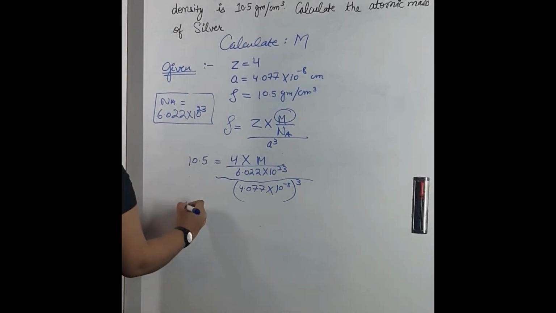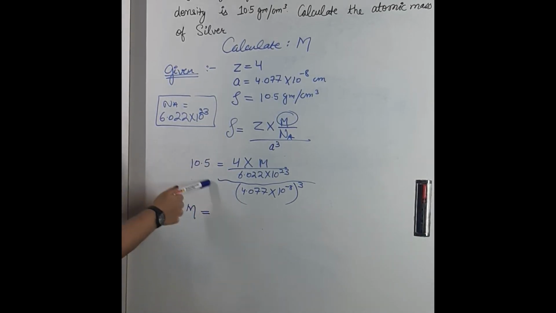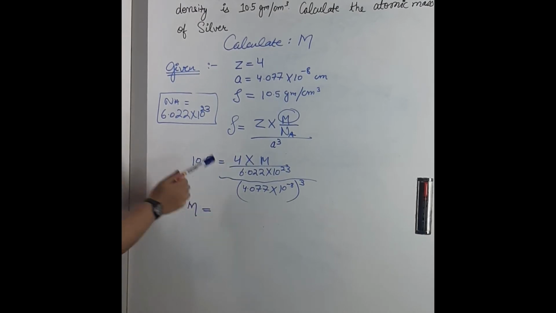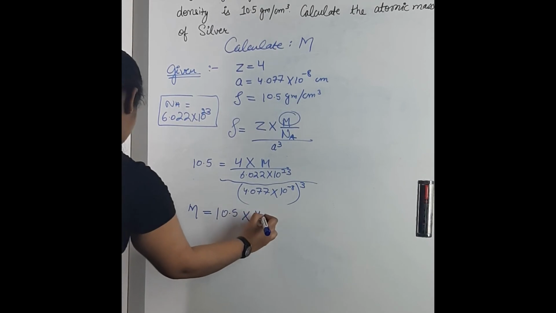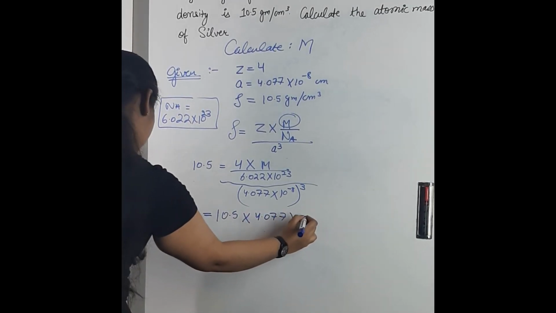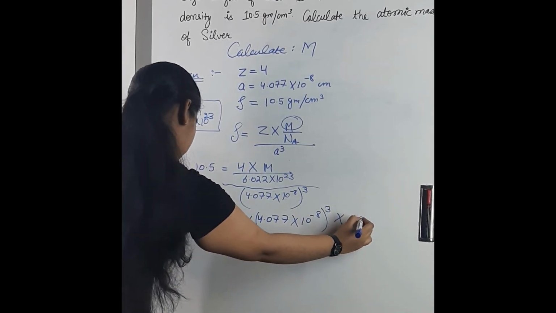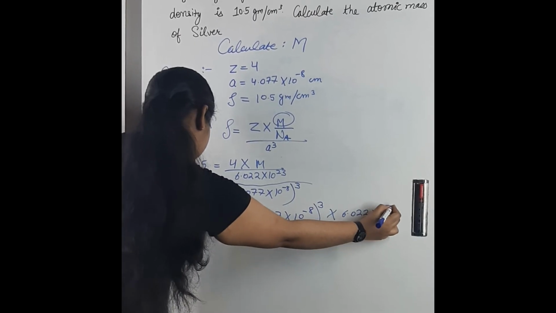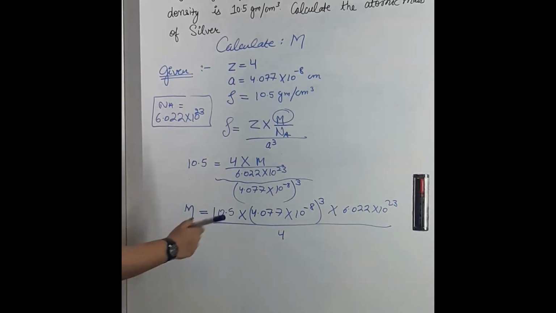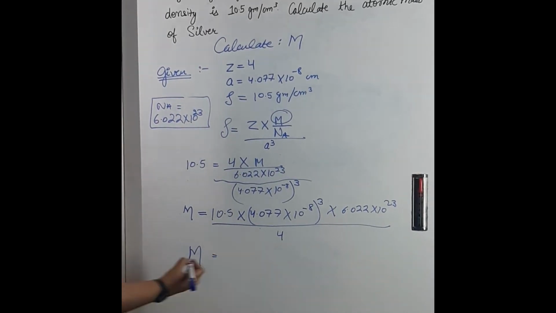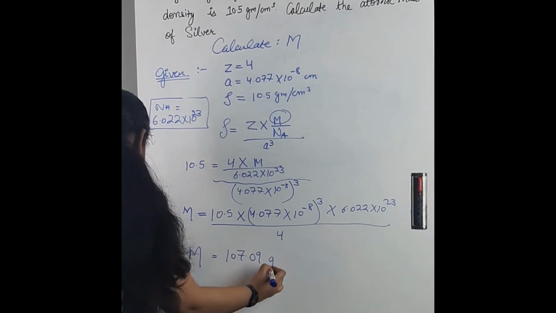So the value of m can be calculated by rearranging this, that is, divide terms will go there and multiply, and multiply terms will become divide. We will get 10.5 multiply 4.077 into 10⁻⁸ 3 into 6.022 into 10 raised to power 23 divided by 4. When you calculate it using the calculator, you will get the value of m as 107.09 gram per mole.